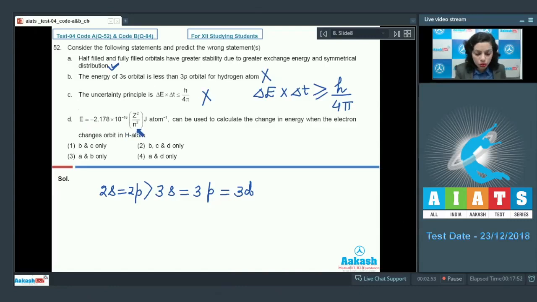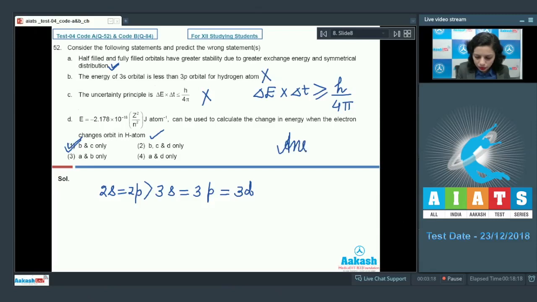With the help of that, you can also find the change in energy when an electron changes its orbit, from a certain orbit to the next or the previous orbit. It means statement D is also correct. Now, which of these statements are incorrect? Statements B and C. And where are these given? This is given in option 1.